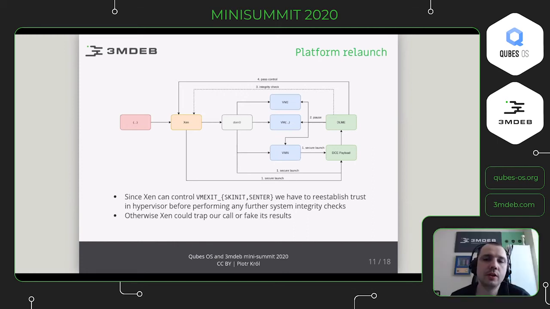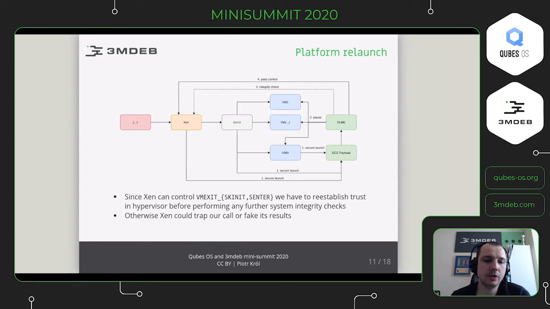Yeah, so the other way is definitely to combine that with SRTM, but this can defeat the purpose, because of course, if the machine is running for very long, we may lose the trust, since everything could happen in memory.